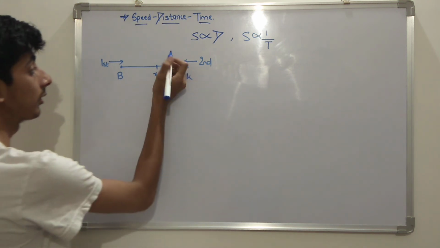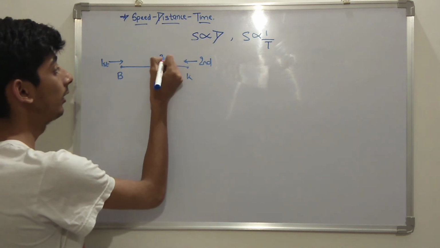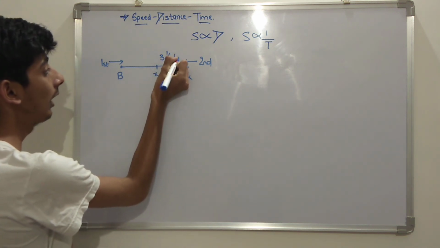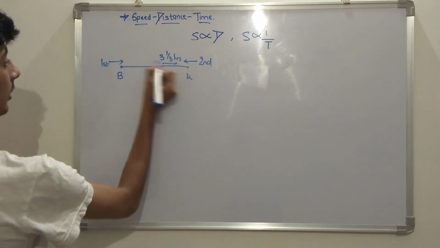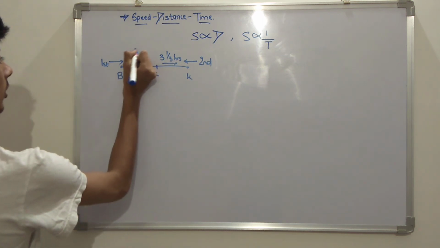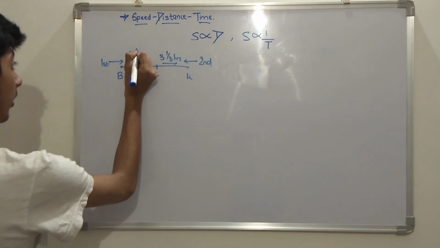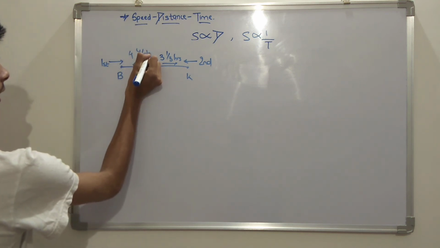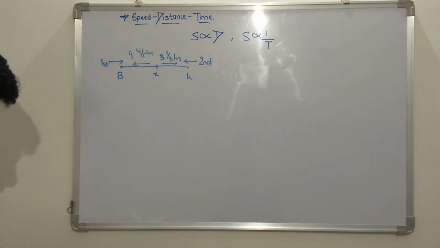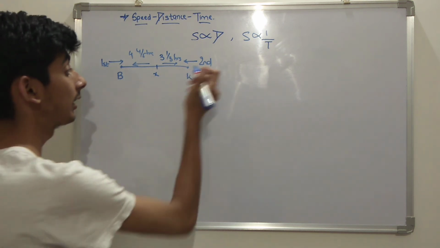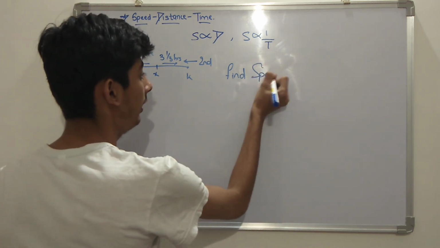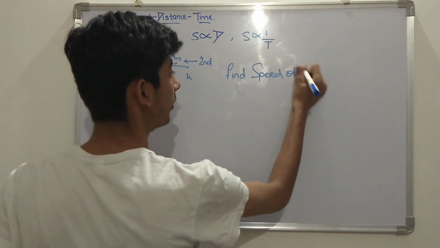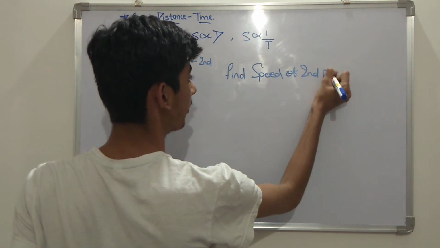That means the first person completes the journey in 1 by 3 hours, and the second person completes the journey in 4 by 5 hours. So we need to find the speed of the second person.